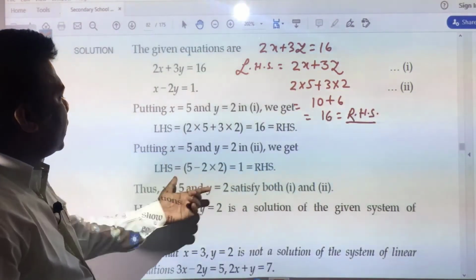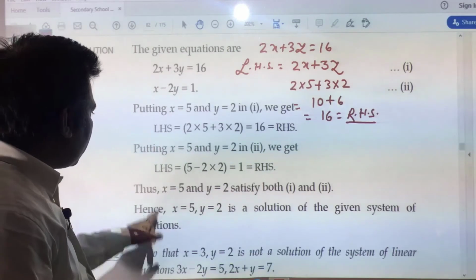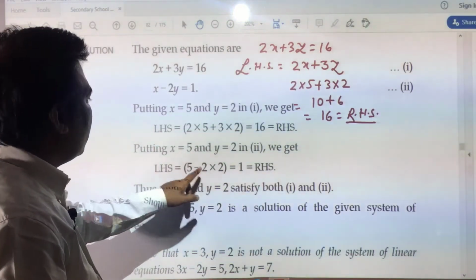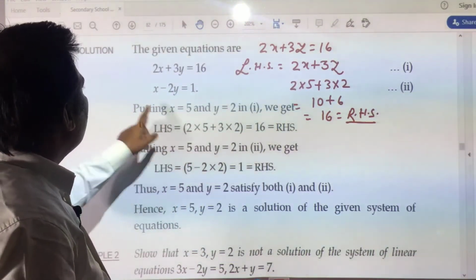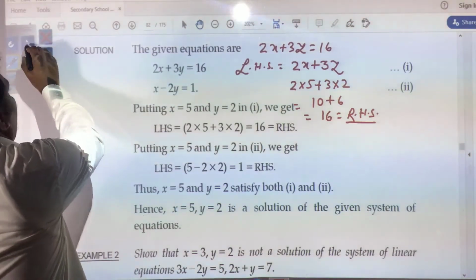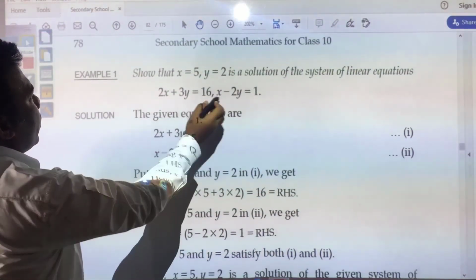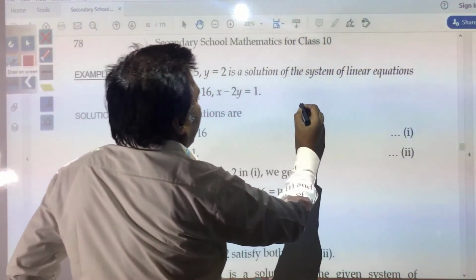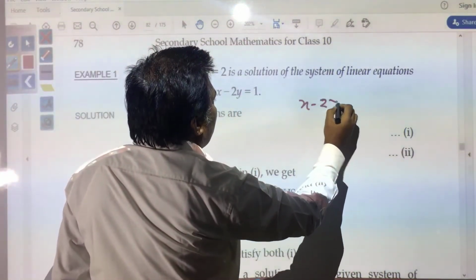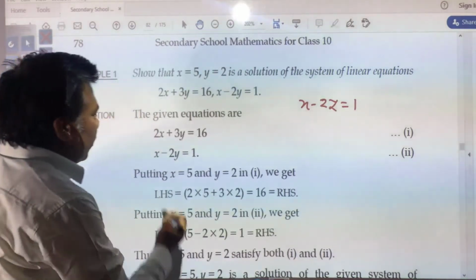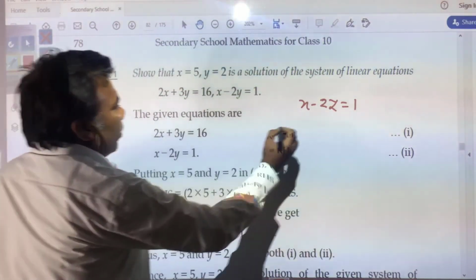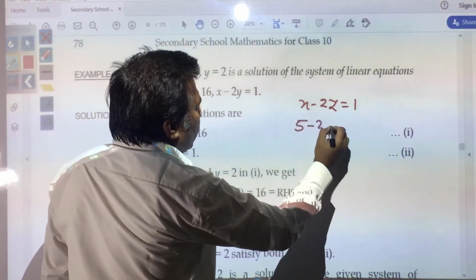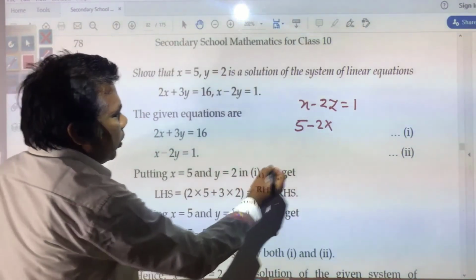In the next equation, the second equation is x minus 2y is equal to 1. The value of x is 5, minus 2 into the value of y, which is 2.